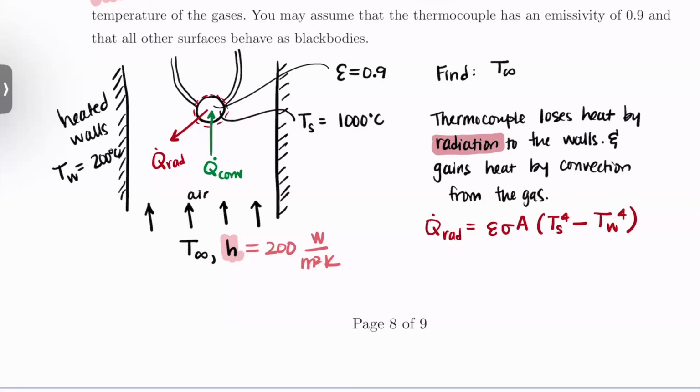And then our convection is governed by the following: Q dot convection is equal to h A times T infinity minus T S.